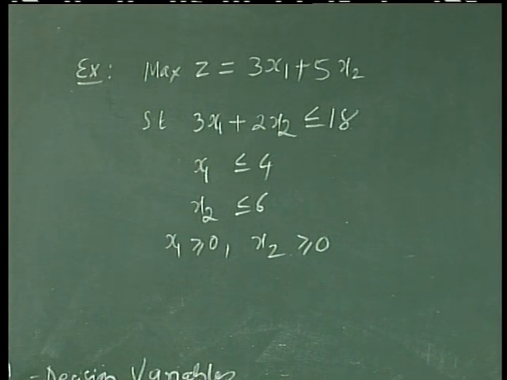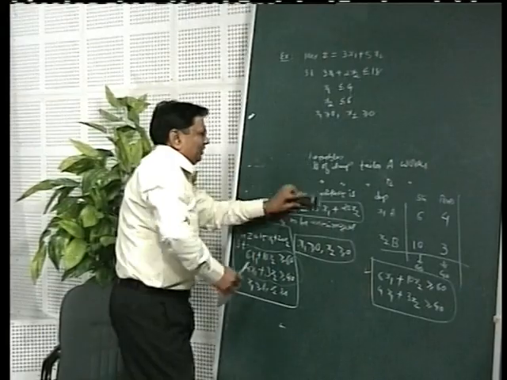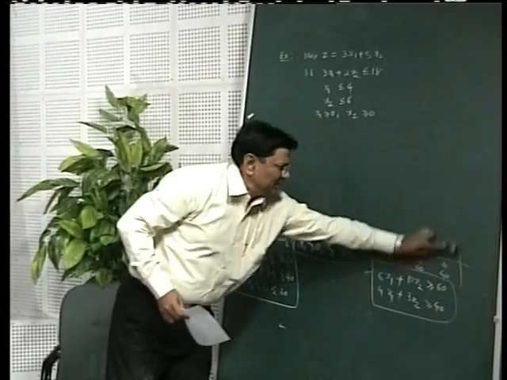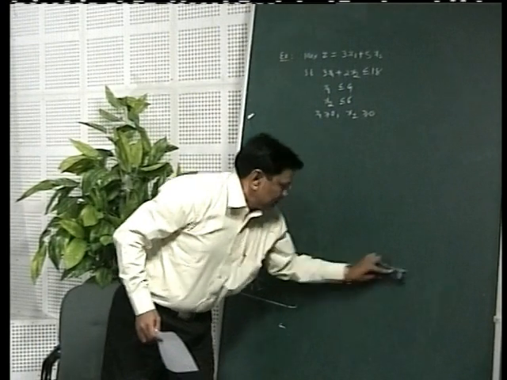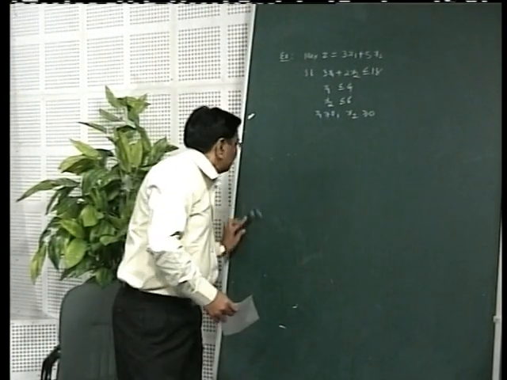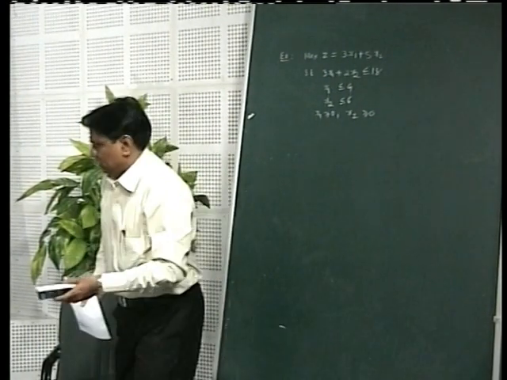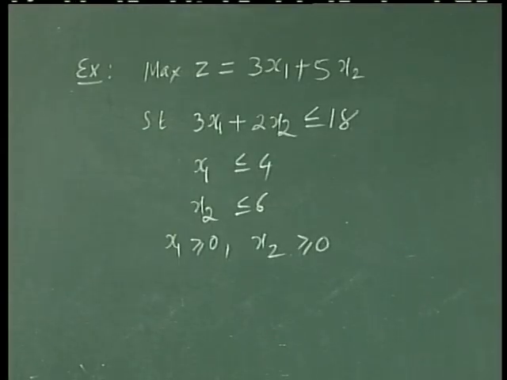And it is a maximization problem. So you have the linear objective function, we have three constraints, and then non-negative restrictions. When these constraints are plotted in a simple xy plane, we get a bounded or sometimes even unbounded region.